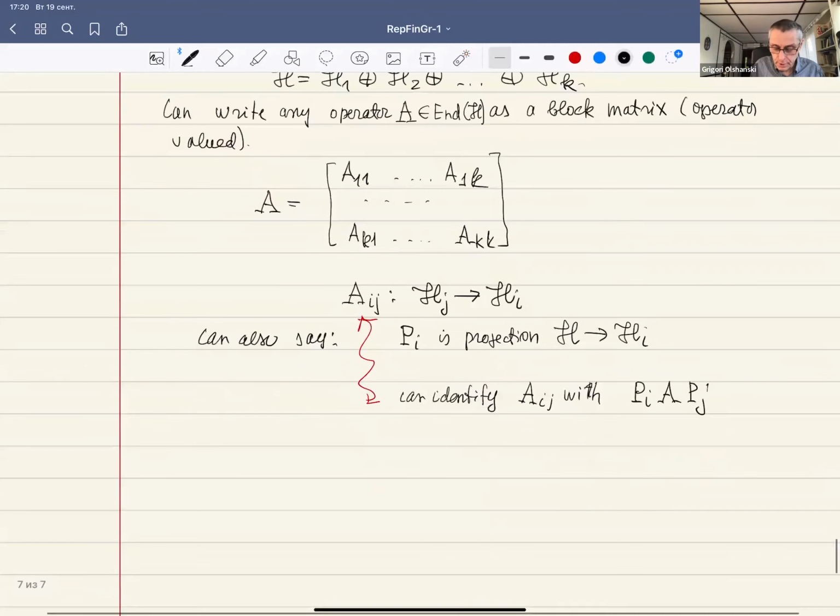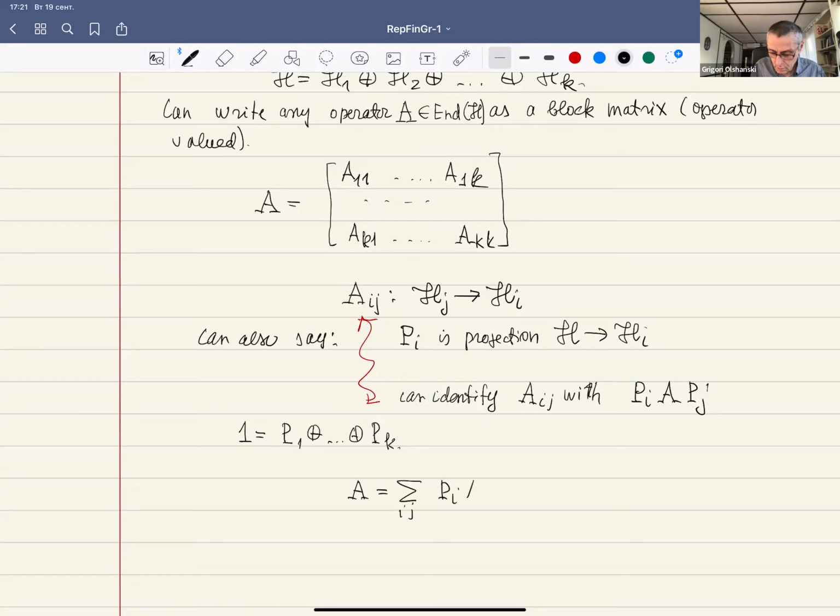And because we have a decomposition of unity, we can write the sum, which is equivalent to this presentation.